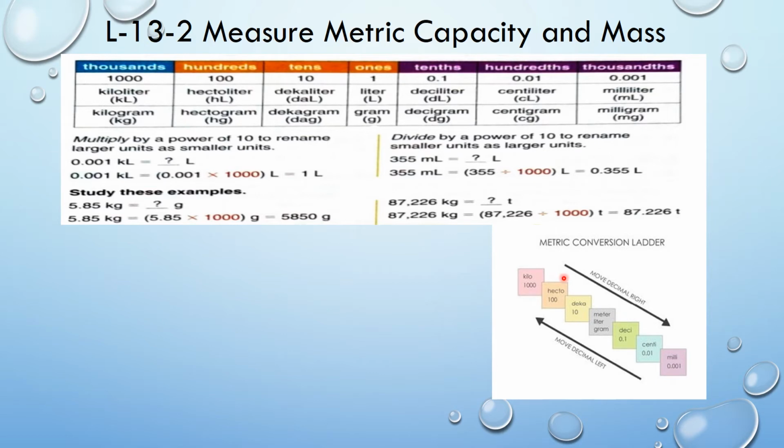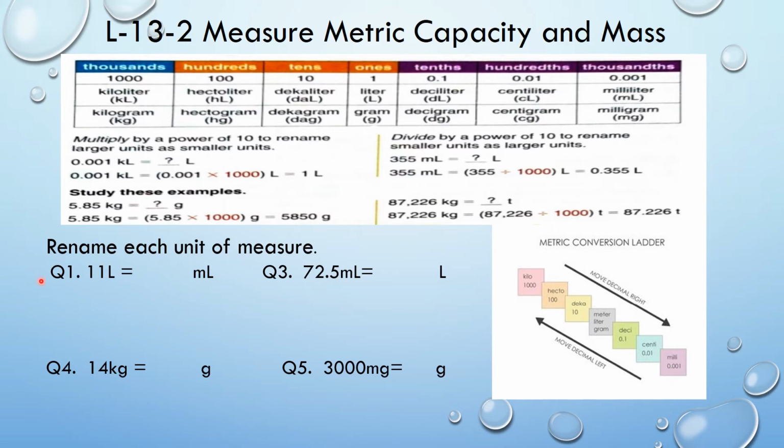Then how? 1, 2, 3. Again 3 steps because going down, right? Then what is the answer? You can see 1, 2, and 3. Move the decimal like this. Then 5,850.